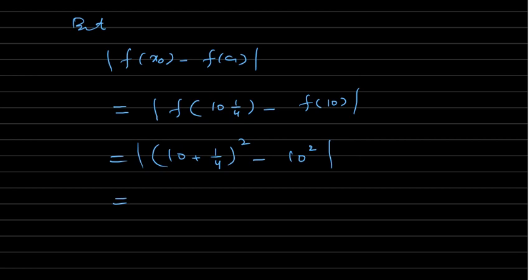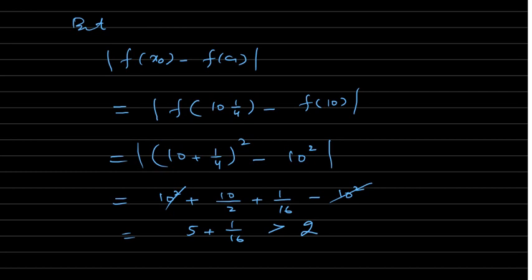This is obviously 10 square plus twice AB, that's obviously 10 by 2, plus 1 by 4 square, that's 16, minus 10 square. Okay, this and this will go. It's 10 by 2 minus 5 plus 1 by 16, that's obviously greater than 2, it's not less than 2.